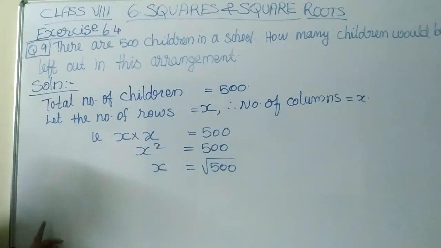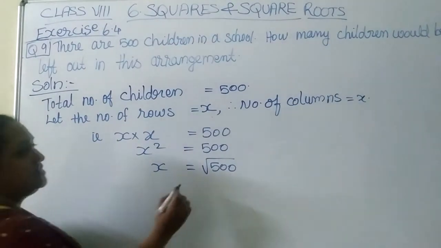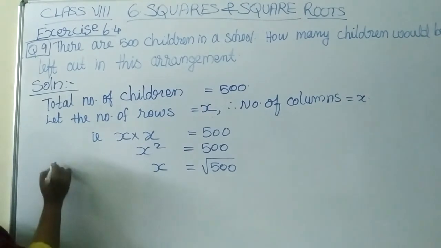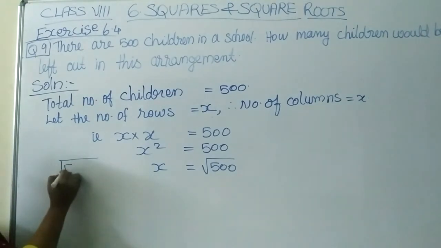So here we have to find how many children would be left out in this arrangement. We can remove some children so as to make the whole a square. In that case, we have to find the square root by the division method. So we can find the square root of 500 by the division method.